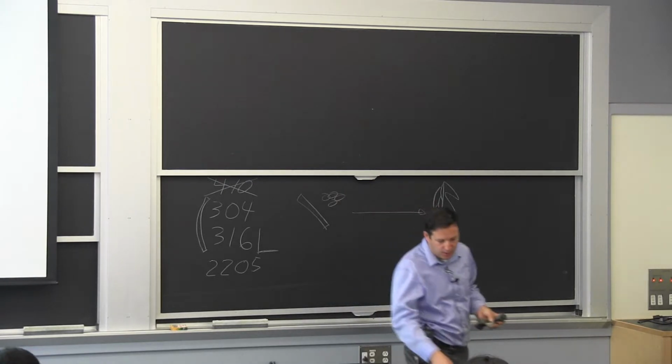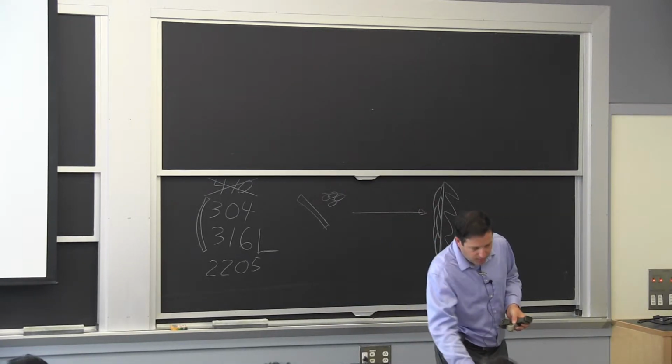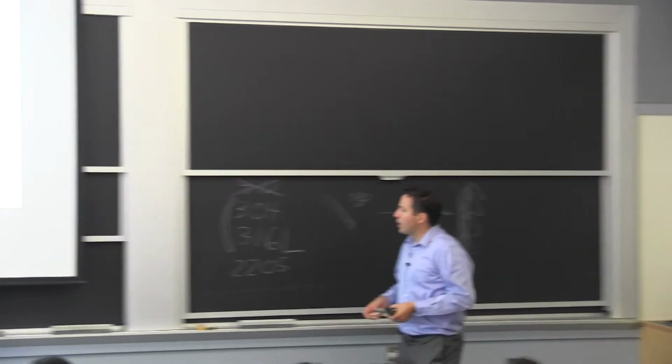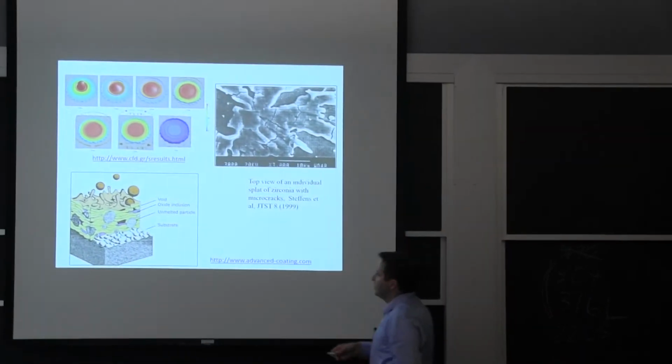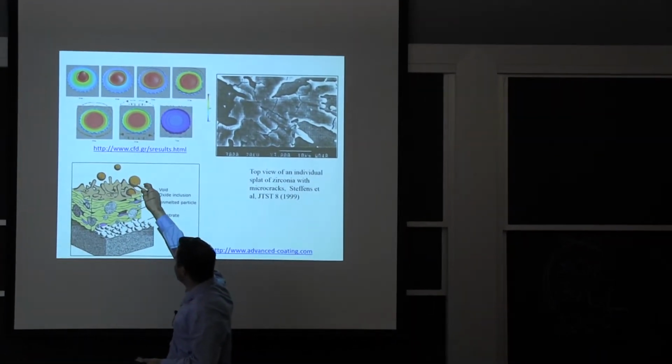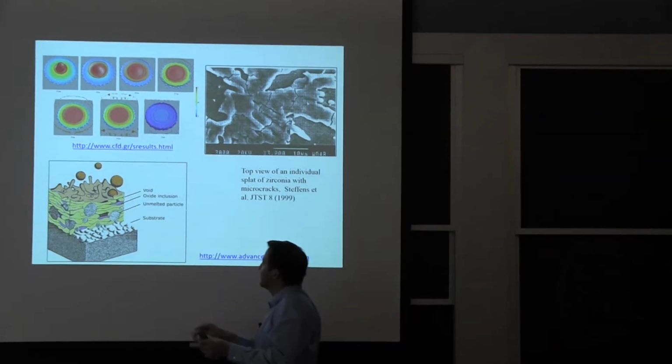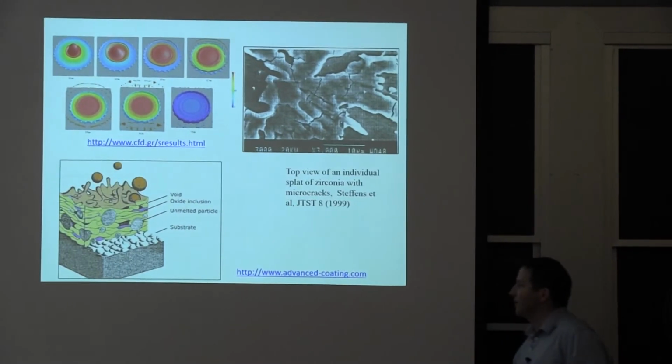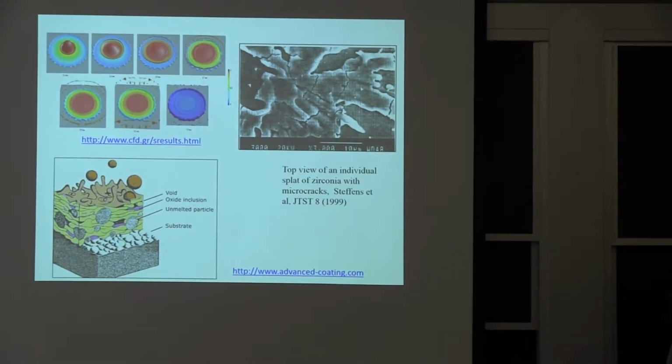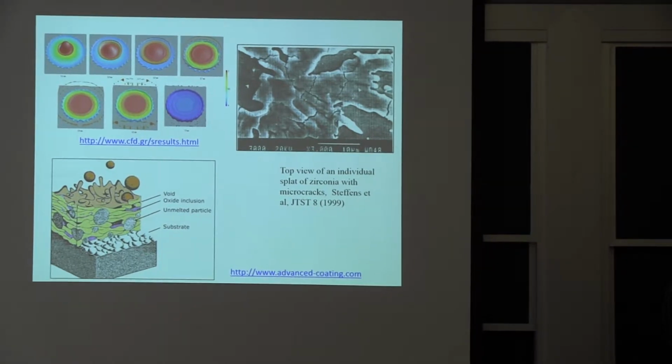You create these little particles that are melted. If we're thinking about putting on a ceramic, and then we hit the surface, it just flattens, and you get a certain amount of fusion.